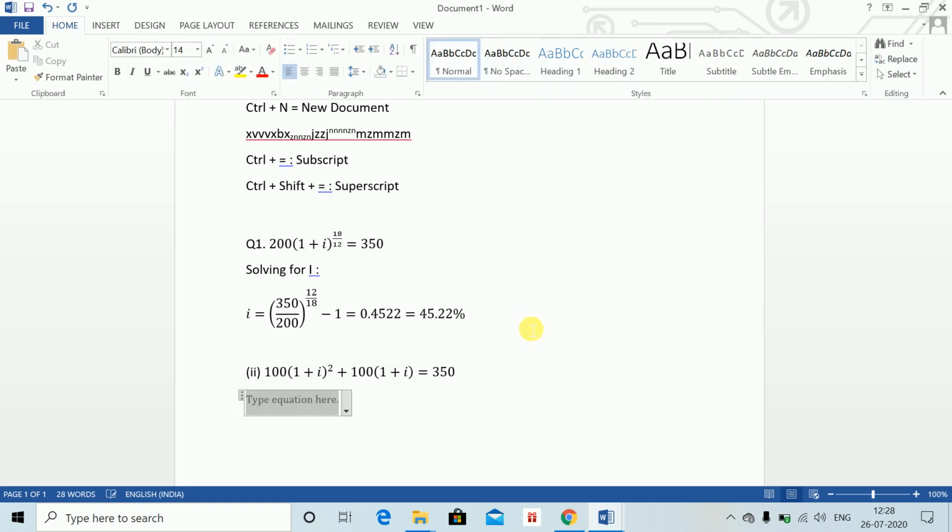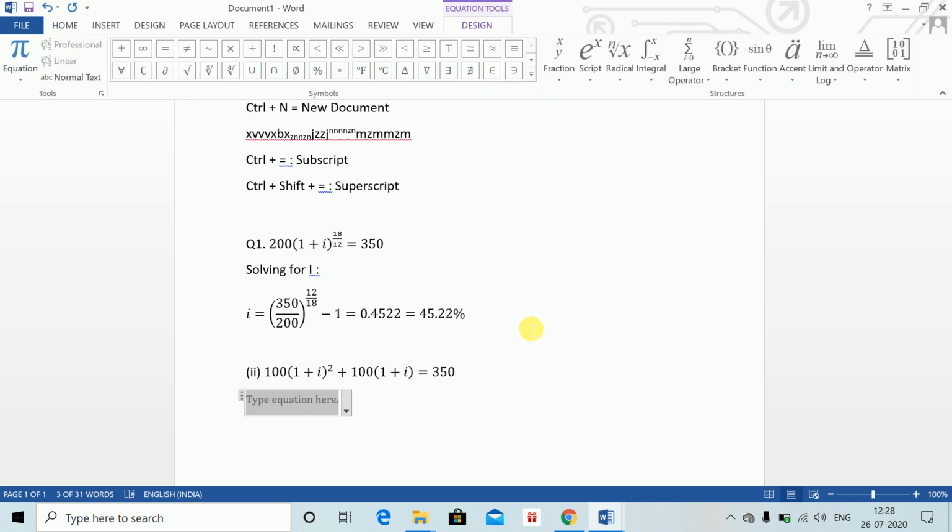Okay, if I divide this equation by 100, I get (1 plus i) whole square plus (1 plus i) equals 3.5.